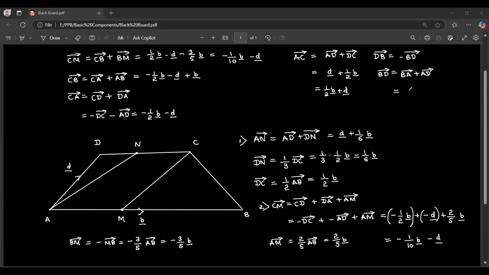So that is equal to minus AB plus AD. So that is minus B plus D. So BD is equal to D minus B, and DB is equal to minus D plus B. This is how you have to do this specific question.